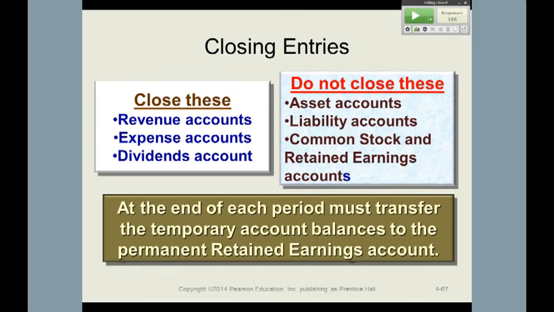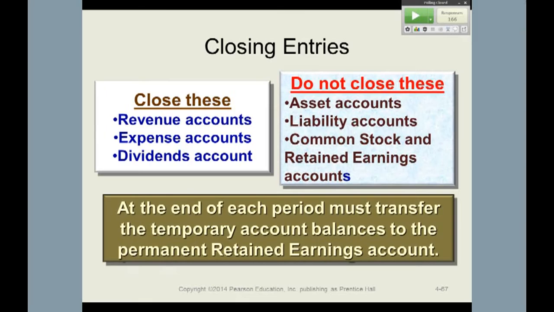So let's take an example of a closing process. Let's say during the year you got 600 in revenues, you got 100 of expenses, and you got $50 of dividends. What you would like to do is make those accounts zero to start the next accounting period.